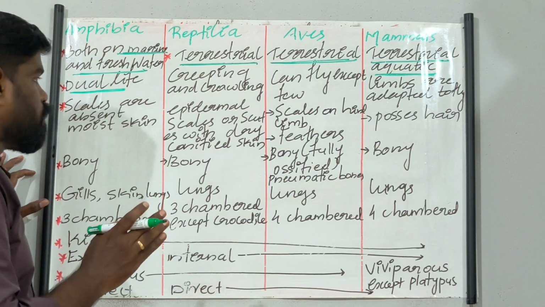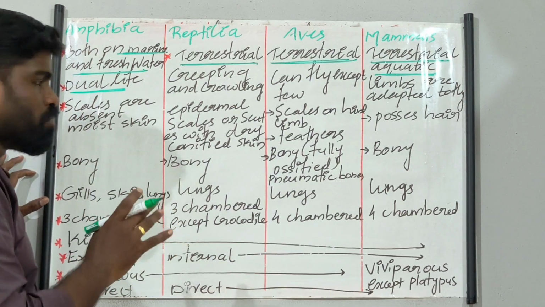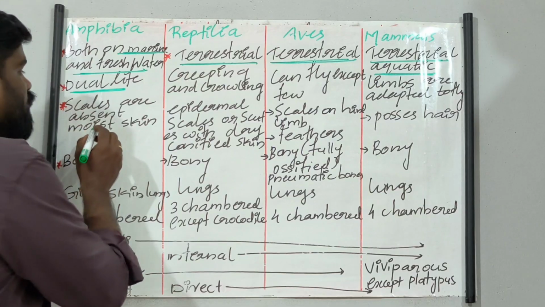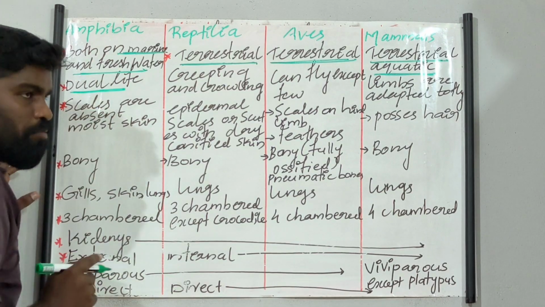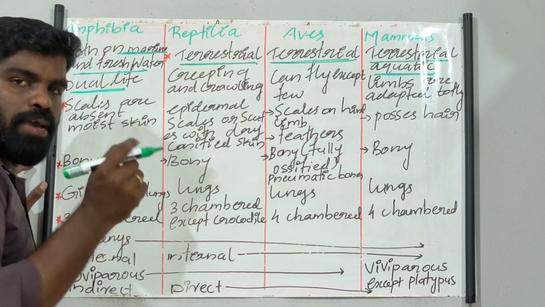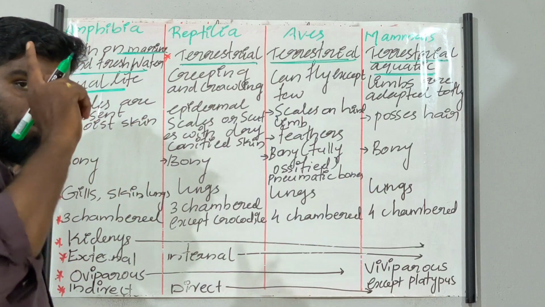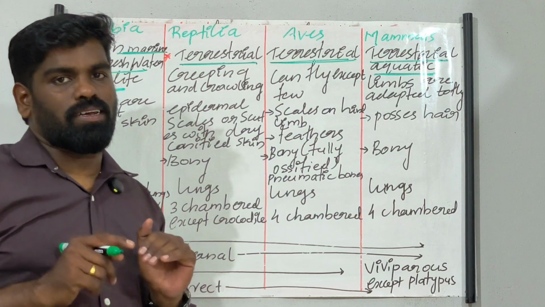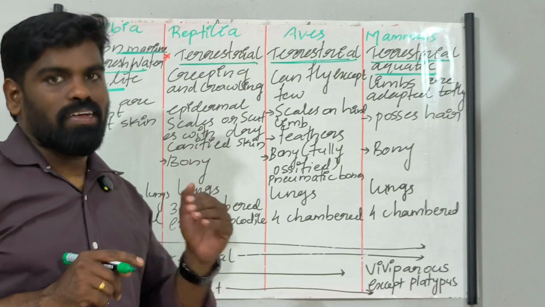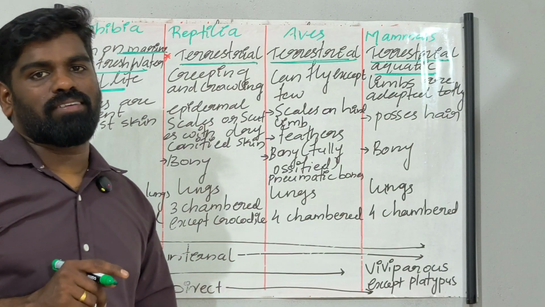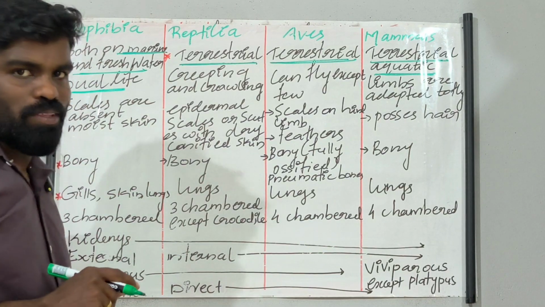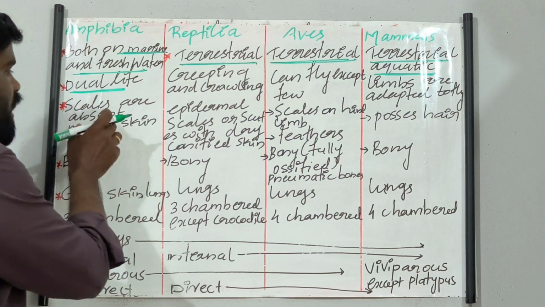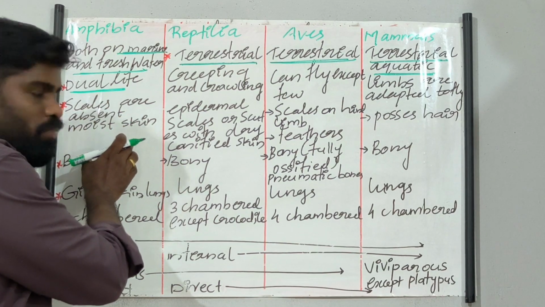Now, when we talk about the body forms, see here, scales are absent in case of Amphibia. See, first in cyclostomes we discussed, scales are absent. Then placoid scales. Then after that we discussed ctenoid scales. Okay, so here scales are absent.